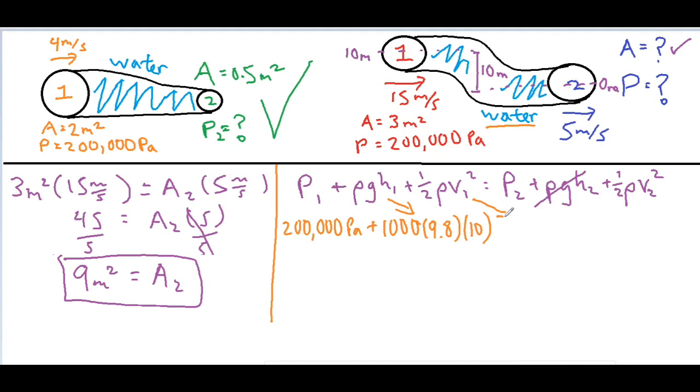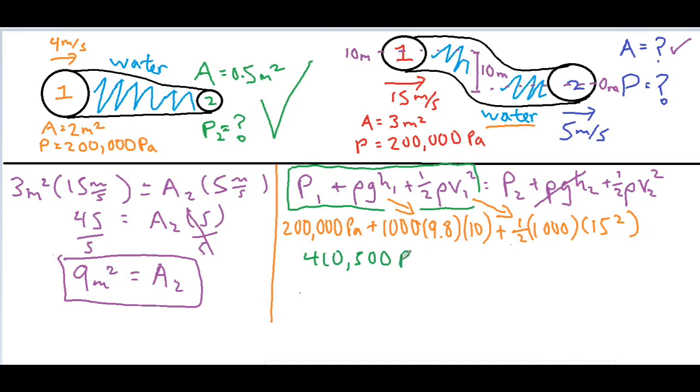So plus 1/2 rho, and then our V is 15, and then we're going to go ahead and square that value. Okay, so if we find the product of our 1/2 times 1,000 times 15 squared and our 1,000 times 9.8 times 10 and add that to our 200,000, that comes out to 410,500 pascals. So that takes care of the whole left side of our formula that I boxed in green over here.